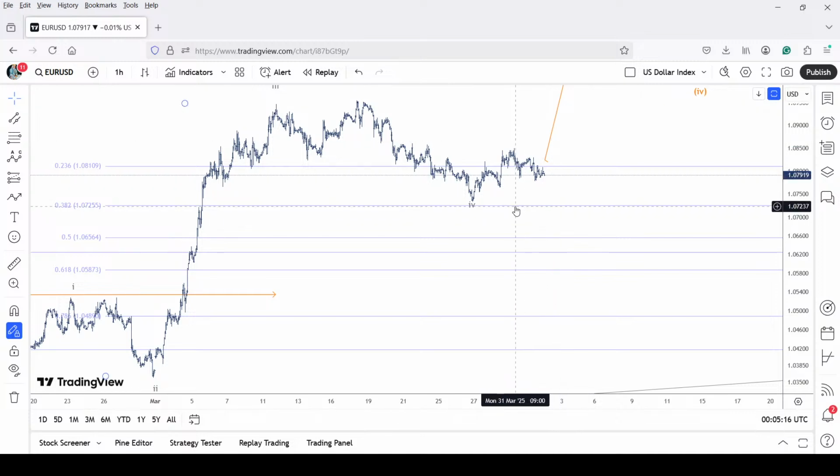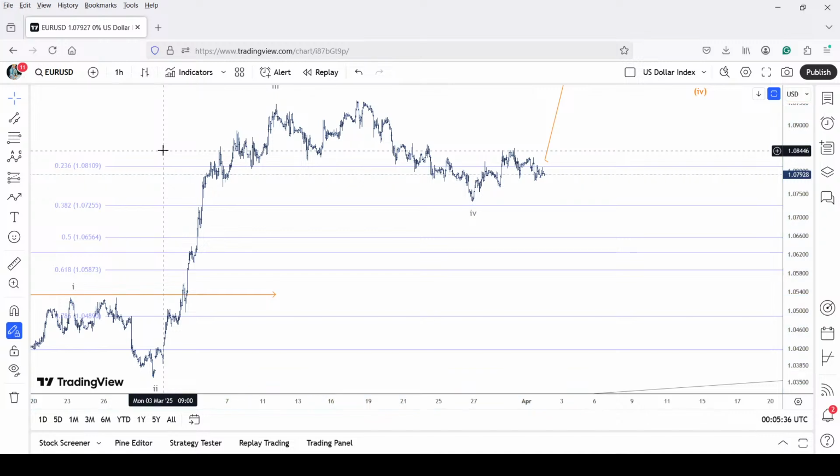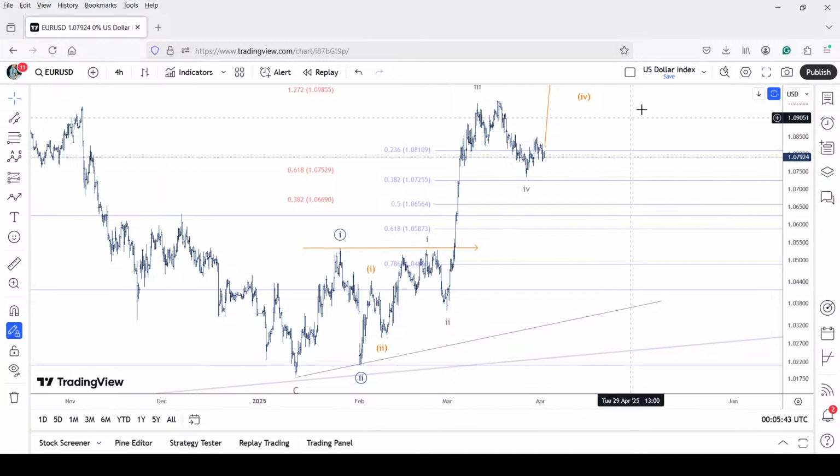If we look at the probabilities here, a drop below 735 is very less probable, as we have seen that wave 4 of a sub-minute degree might have just terminated around the 38.2%, which is most likely the Fibonacci correlation where the fourth wave would like to terminate.